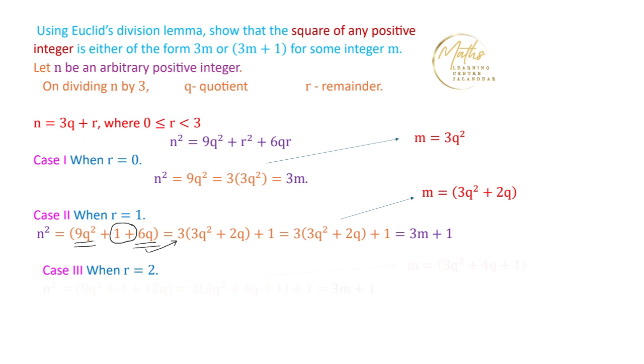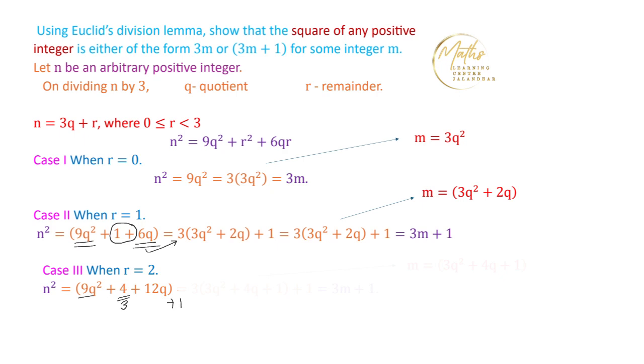Similarly, for the third case, when r is equal to 2, the value of n square is equal to 9q square, then r square will be 4, and 6qr will be 12 times q. From the terms 9q square and 12q we can write 3 common. How are we writing 3 common? We write 4 as 3 plus 1.